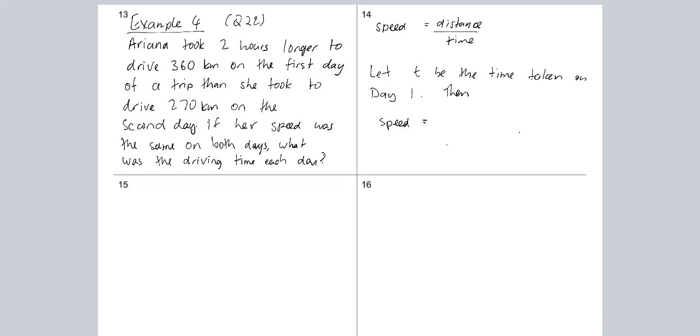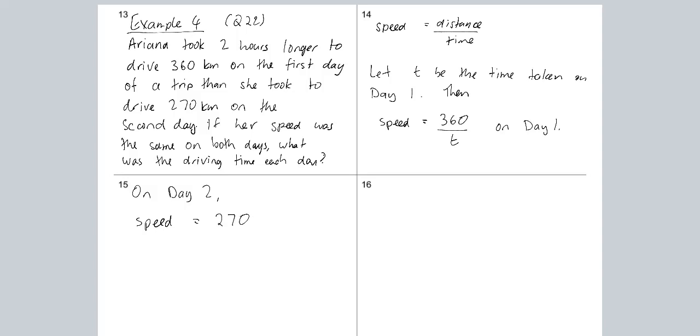Speed is equal to 360 over x, right? Distance, 360 over time, which is x, on day 1. Is it t or x? Yep, t, sorry. Okay, on day 2, speed is equal to what? 270.